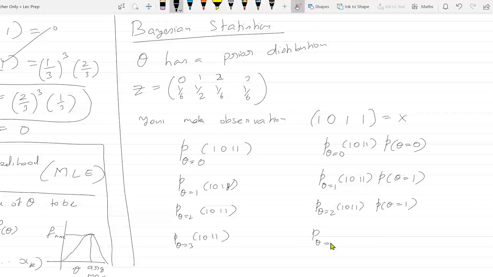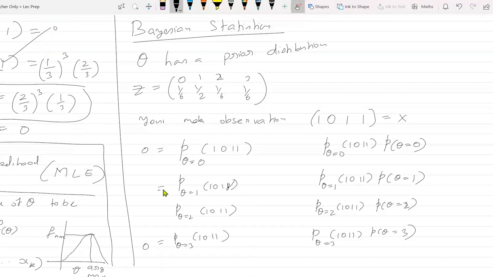So what were these values? I thought we wrote down all these things. This was equal to 0, this was equal to 0, this was 1 by 3 cubed into 2 by 3, that is 2 by 3 raised to 4. So this was 2 cubed by 3 raised to 4. Again these two values are equal to 0.